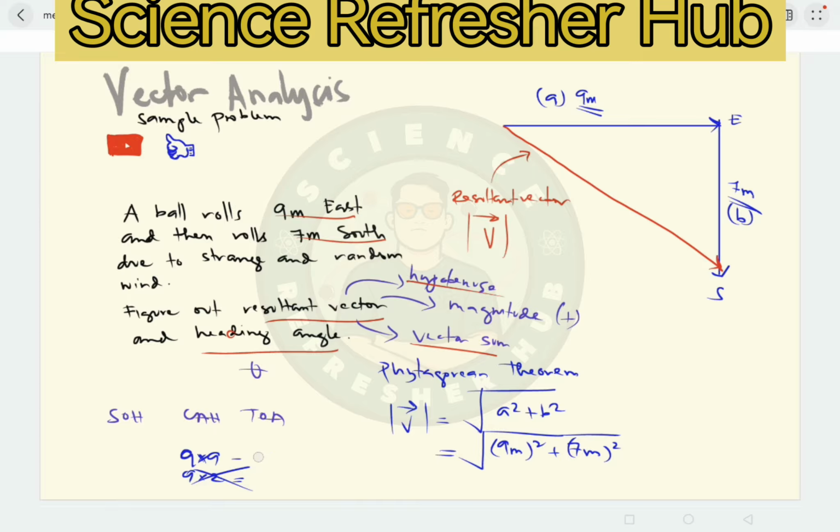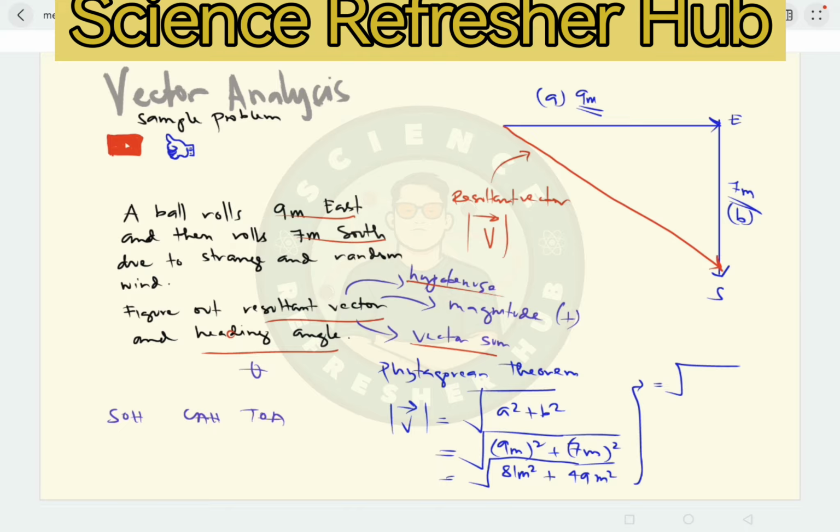Okay, so we will do it here. 9 times 9 is 81. Remember, you have your unit here: meter times meter gives meter squared. That's still under the square root. Plus 7 times 7, that's 49, meters times meters, meter squared. Then let's continue. Because these two terms have the same units, meter squared, we can simply add them directly.